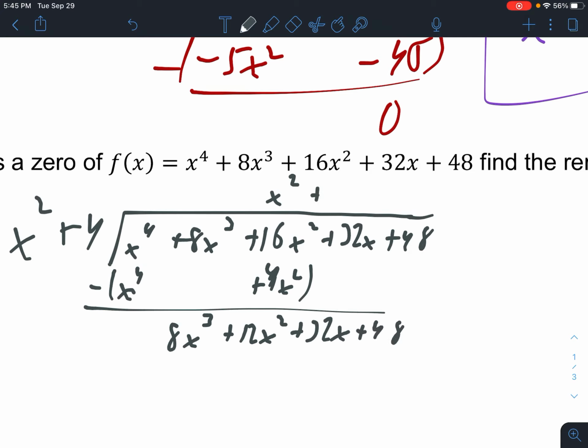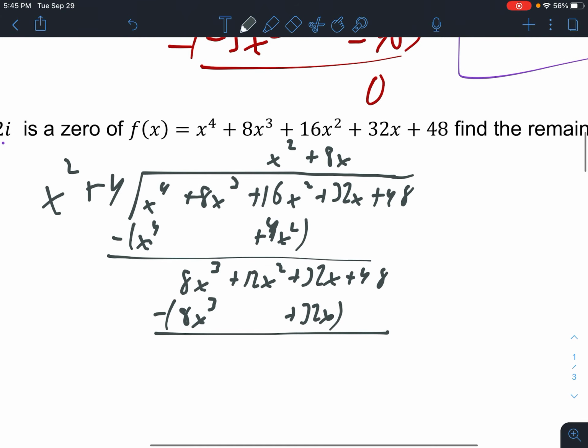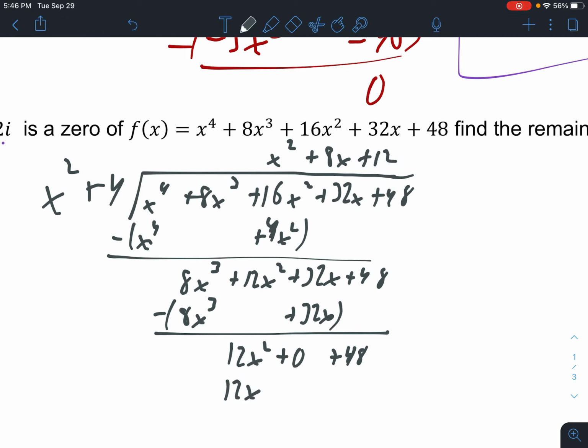Dividing again, we get 8x. Subtracting, we get 12x squared plus 0 plus 48. And dividing again, we get 12. And of course, we do get 0 at the end.